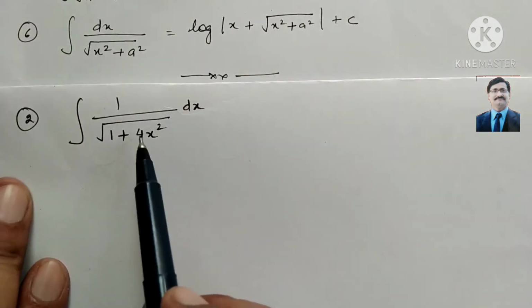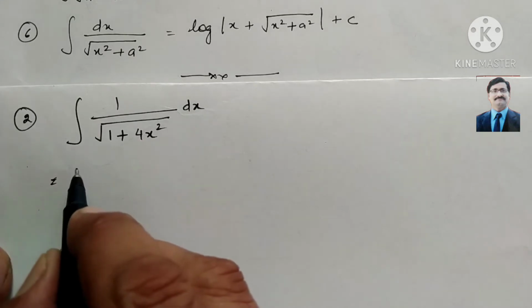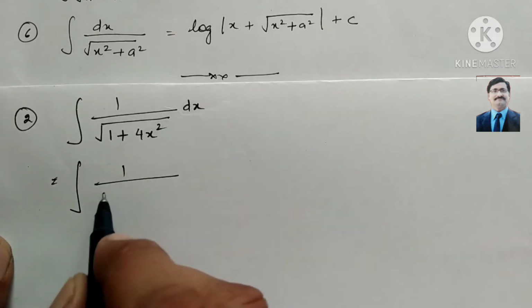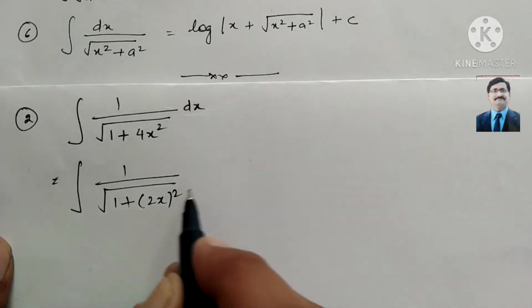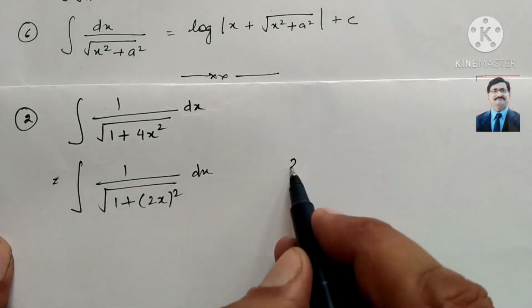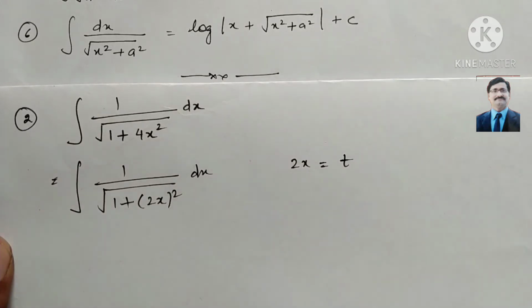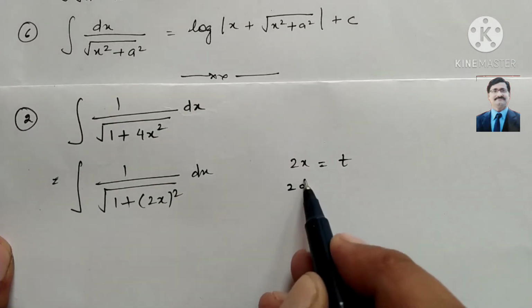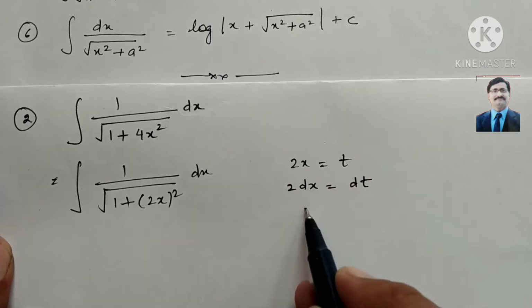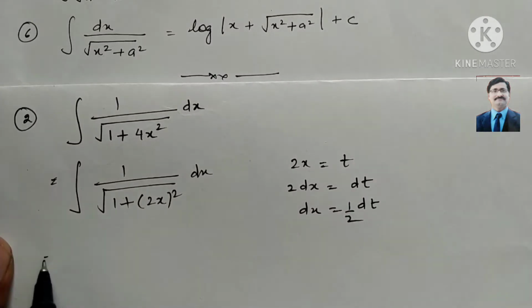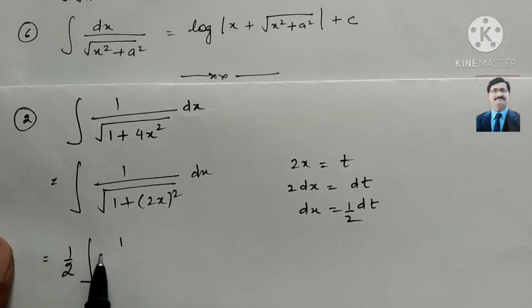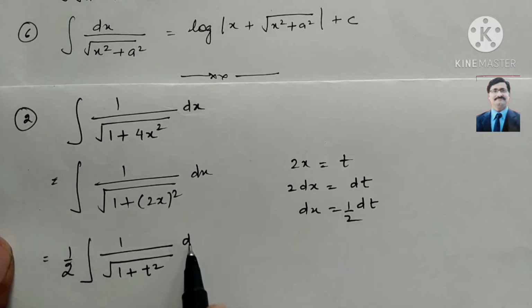Here 2x is the problem, so we keep it in a bracket: 1 upon root 1 plus 2x whole square dx, and this 2x we suppose t. So we get 2 dx equal to dt, so dx will be equal to dt upon 2. The 1 upon 2 you can write outside, and here is 1 upon root 1 plus t square, and here is dt.